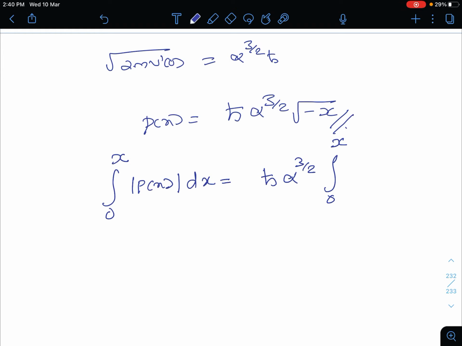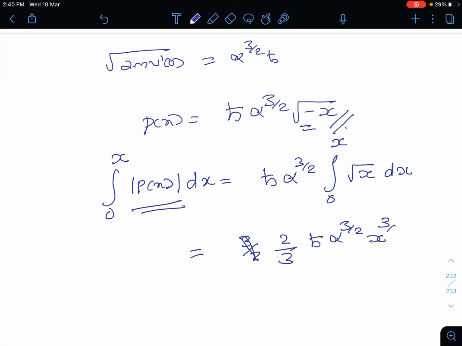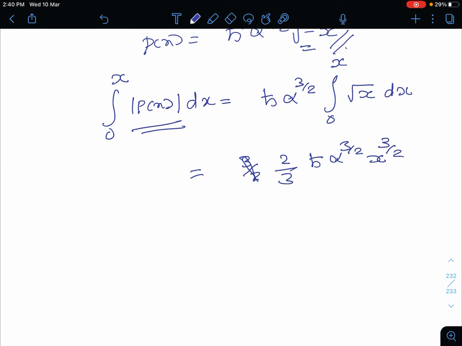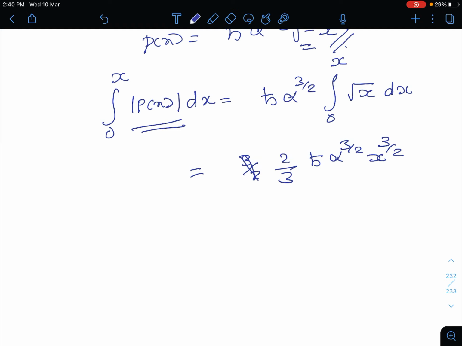We will be taking the mod actually, so root of x dx. We are not bothered about the minus sign here. Why? Because we take the mod here, see. So now what is that? x raised to half, so that is 3 by 2, right? So that is 2 by 3 h cross alpha raised to 3 by 2 x raised to 3 by 2, right? This is it, correct?